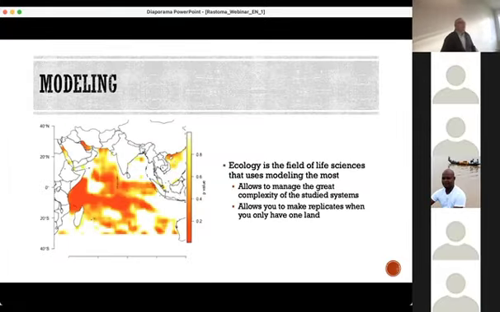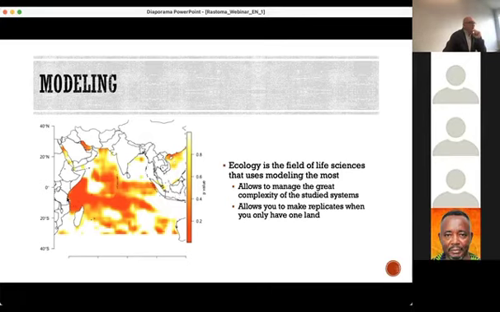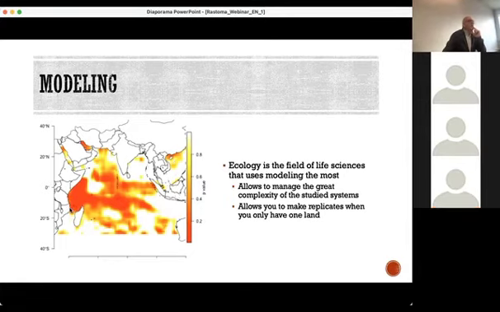Here, this is an example of modeling. This is a result that we have obtained with Jenny Tusek and Ronel Neil. They work in South Africa. And the main nesting beach is located at the border between South Africa and Mozambique. We were searching, so we have 20 years of data.